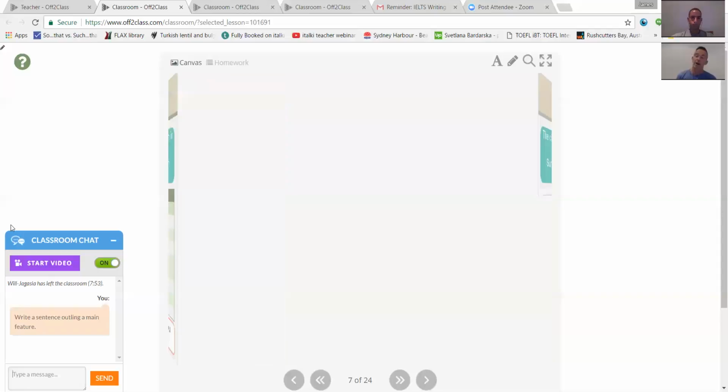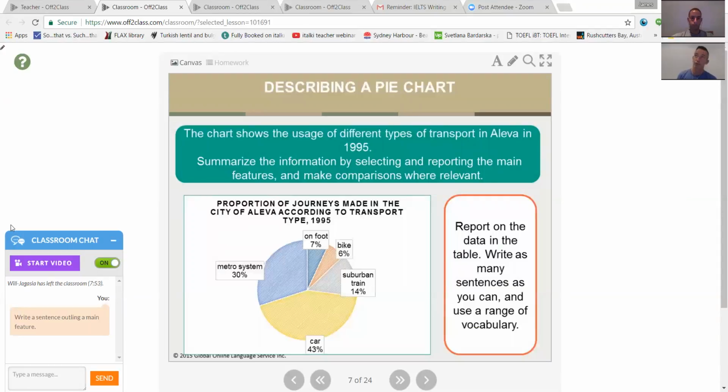And finally, IELTS also seems to use pie charts more regularly than any other form of chart. Most people are familiar with pie charts. The IELTS tasks will always have a very clear title for the graph at the top, and that's something the students can be using and paraphrasing in their exams.